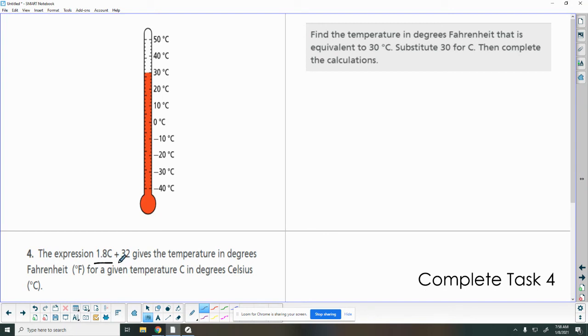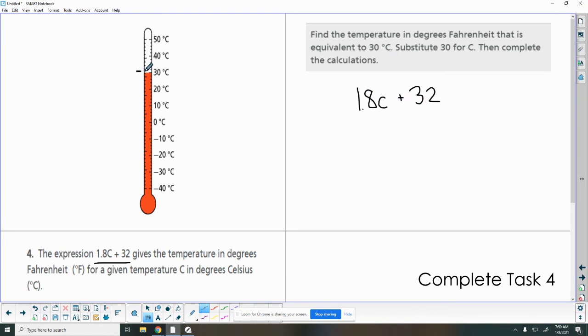But we can use this formula to convert it into Fahrenheit so it can make more sense to us here. So here we have our expression 1.8 Celsius plus 32. So whatever the temperature is in Celsius, we multiply that by 1.8 and then add 32.